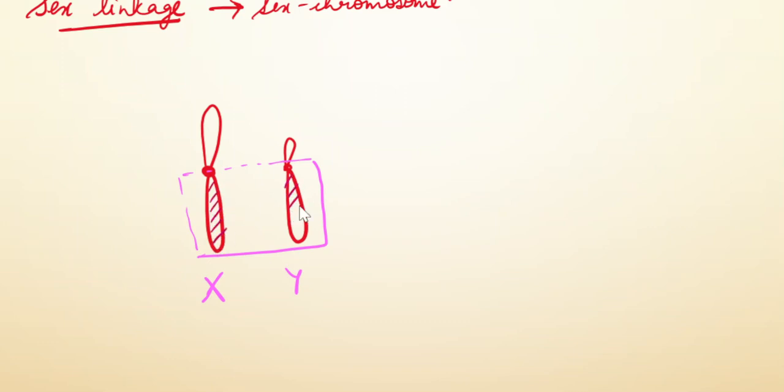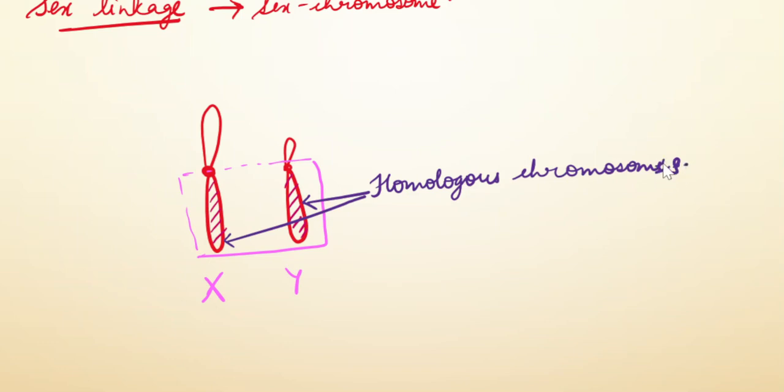These two parts of the X and Y chromosome are exactly the same, so we say these two parts are homologous chromosomes. And the above two parts, instead of saying chromosome, I can say homologous regions.